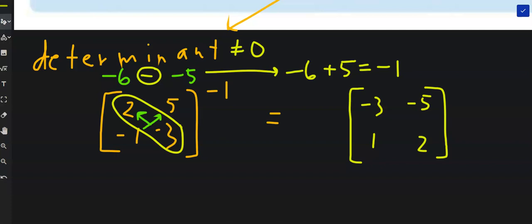The last thing we do is we multiply the entire matrix by the reciprocal of the determinant. Now, how do you write something as a reciprocal? 1 over that number. Now, in this particular example, you and I both can tell that we're talking about -1.